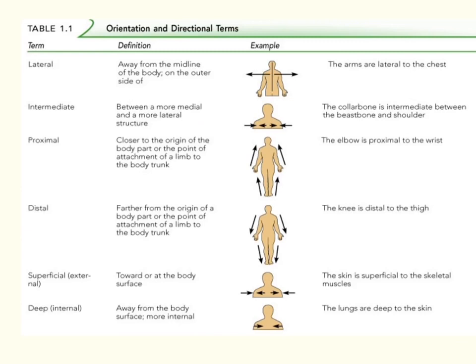Now, when we work with proximal and distal, we are usually talking about the extremities, so we are working with the arms and the legs. And again, the trunk, which would be the shoulder or the hips, would be the point of attachment. So proximal means closest to the point of attachment, distal means further from the point of attachment. We'll go over some examples of each of these in just a moment.